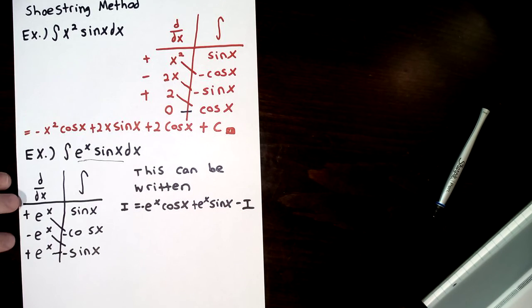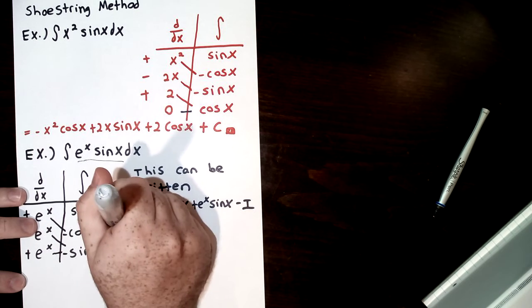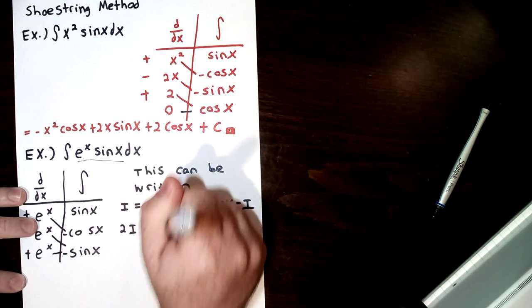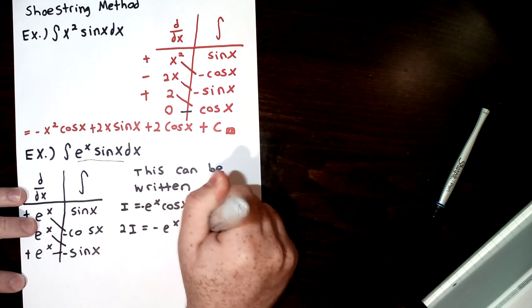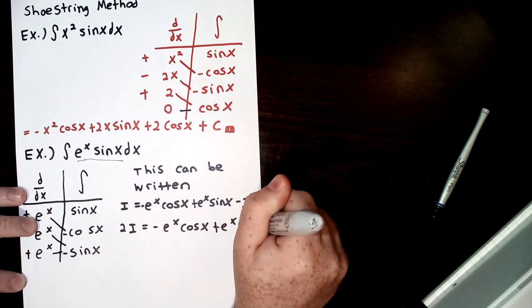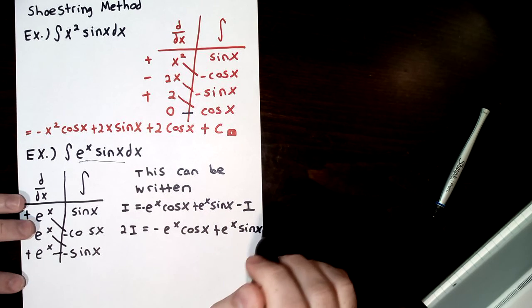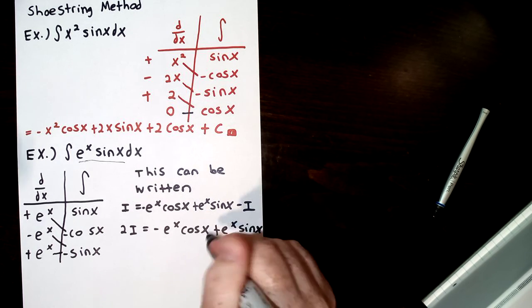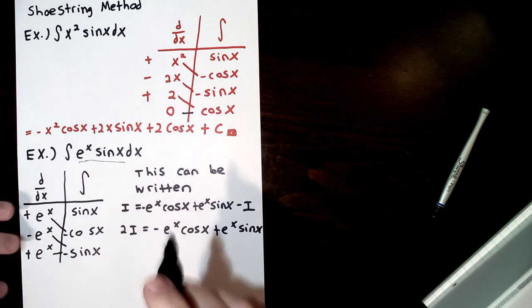All right, so let's go ahead and just solve this. 2I is equal to negative e to the x cosine of x plus e to the x sine of x. And so our final result will just multiply the right side by a half.